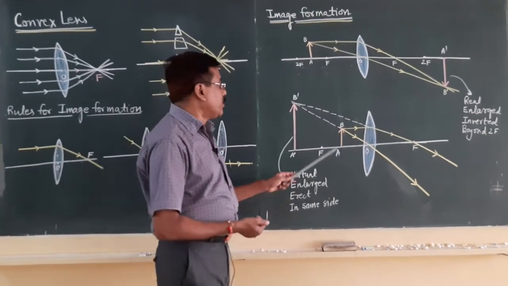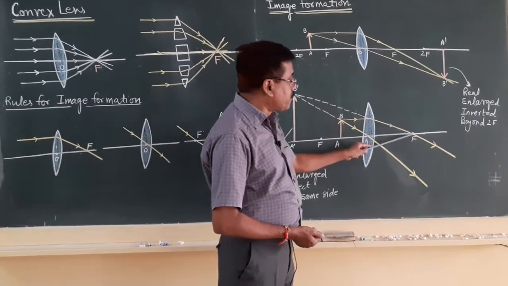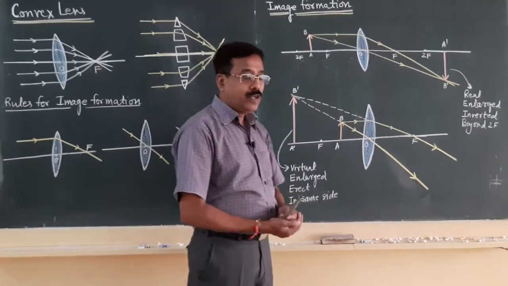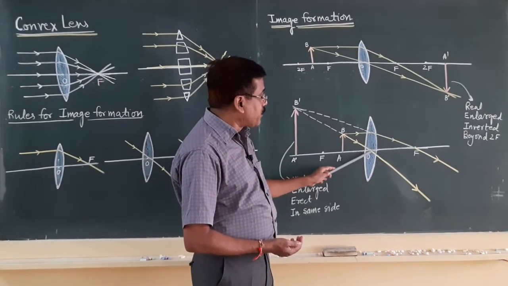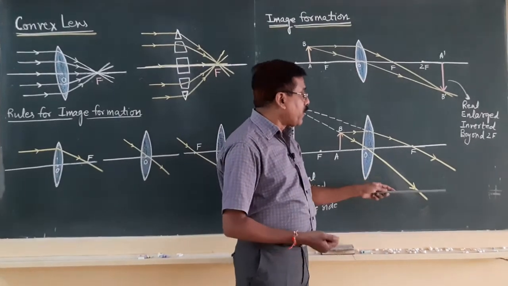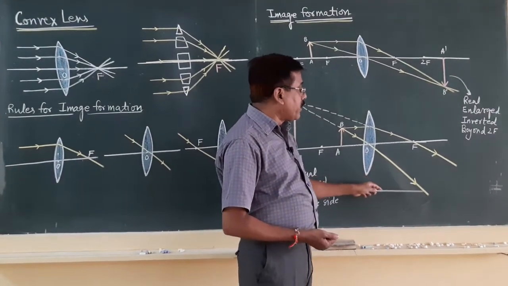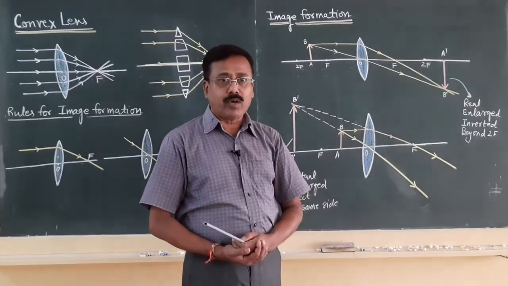How? See, when the light ray parallel to the principal axis, after refraction passes through the focus. When the light ray is incident on the lens through the optical center, after refraction there is no deviation. So, you find these two refracted rays cannot intersect each other, real intersection is not possible.